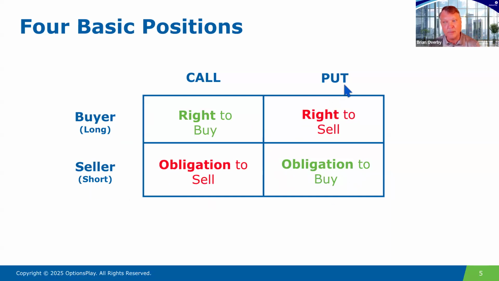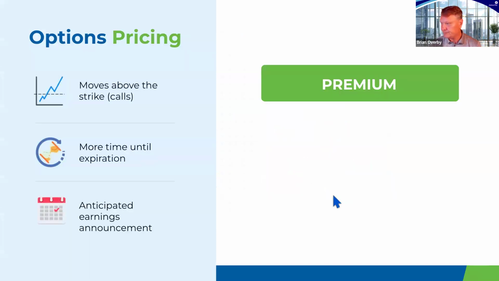Once again, the term put comes from the sell side of things. If I buy an option contract, I have the right to put stock to the seller. So call means you're calling stock away. Put means you're putting stock to someone. But bottom line, today is all about this obligation to sell and this obligation to buy. We're going to talk about when that happens and some things to think about when we get into exercise and assignment.